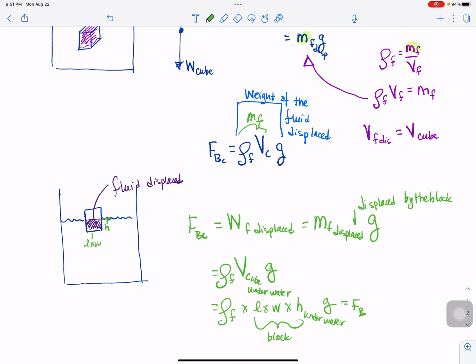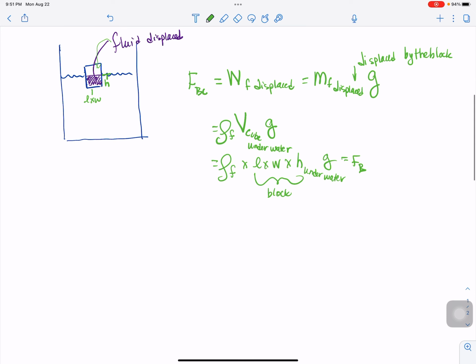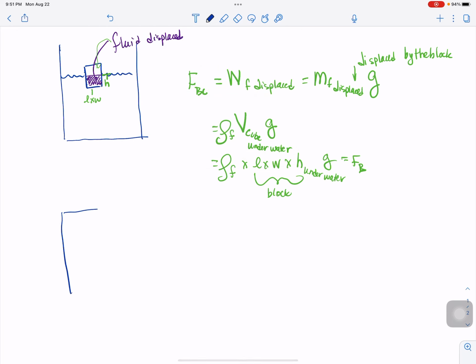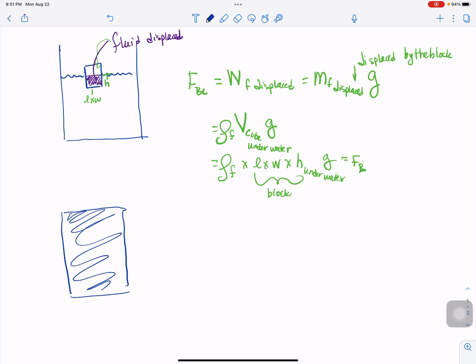So in the lab, you are going to measure the volume that is displaced directly by having, as you put the cube or object into the water, a container, a beaker that is filled to the top with water. So water's everywhere. And you are going to insert an object into the water.